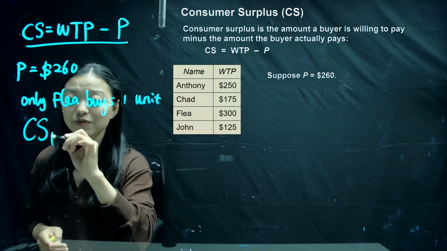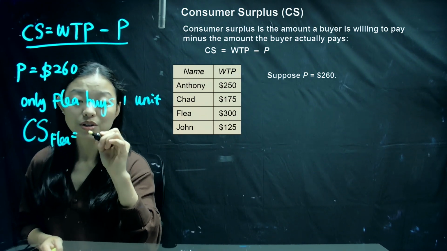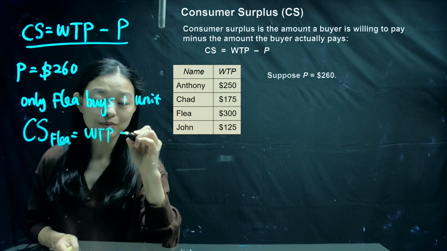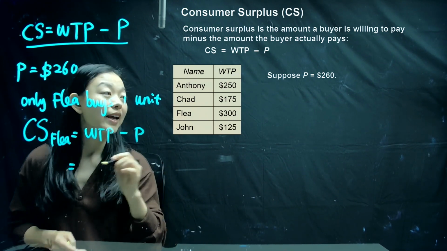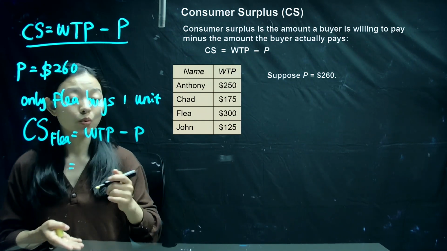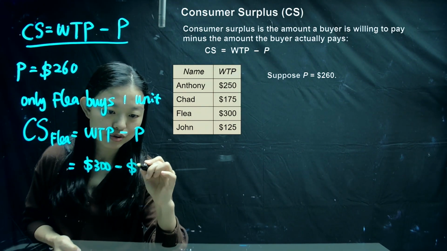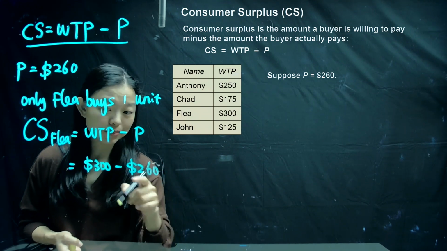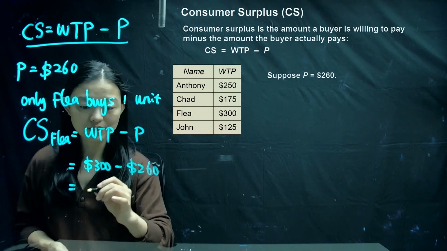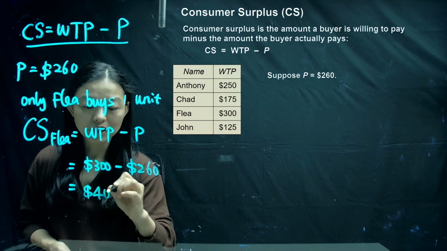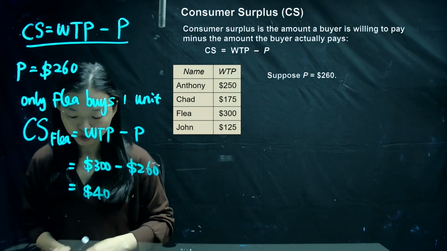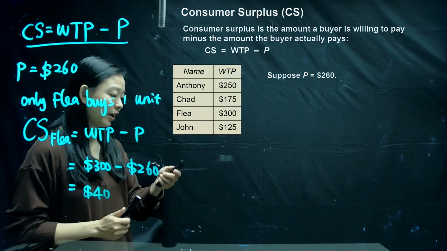And so we can also compute the consumer surplus for Flea. We will use his willingness to pay, subtract the market price. His willingness to pay for this Apple Watch is $300, right? Subtract $260 as the market price, then we get the consumer surplus for Flea equal to $40, okay?